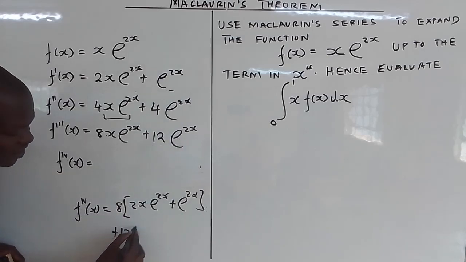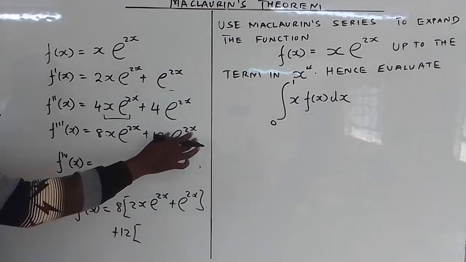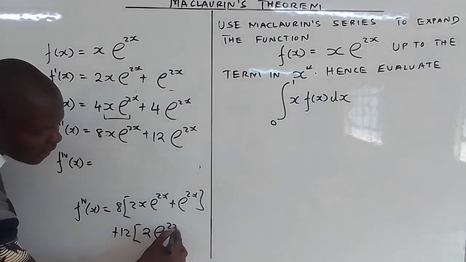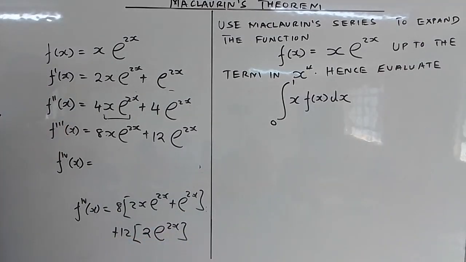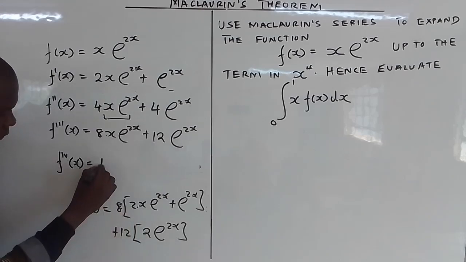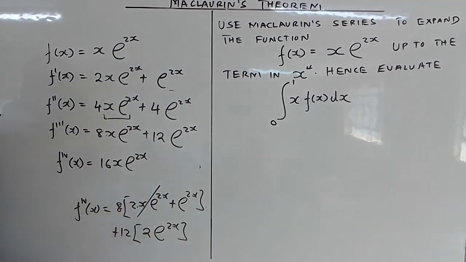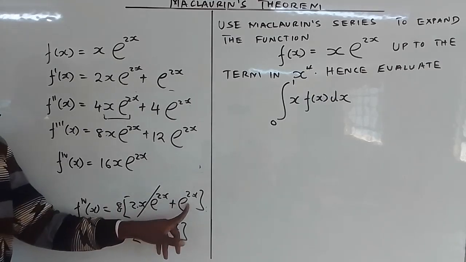The other part we have plus 12. Then in bracket, what do we have? If you differentiate exponential 2x, what do you get? 2 exponential 2x, isn't it? Then you simplify as to record here, isn't it? Are we together? So this is 8 times 2 is 16x exponential 2x, we are done with that, isn't it? Then here, 8 exponential 2x.